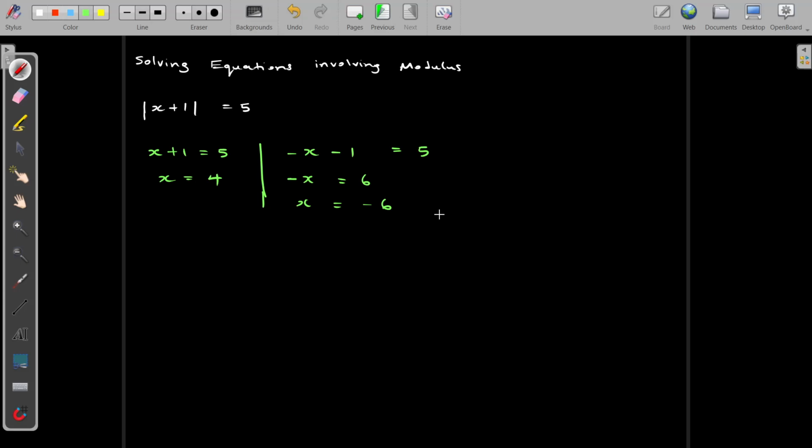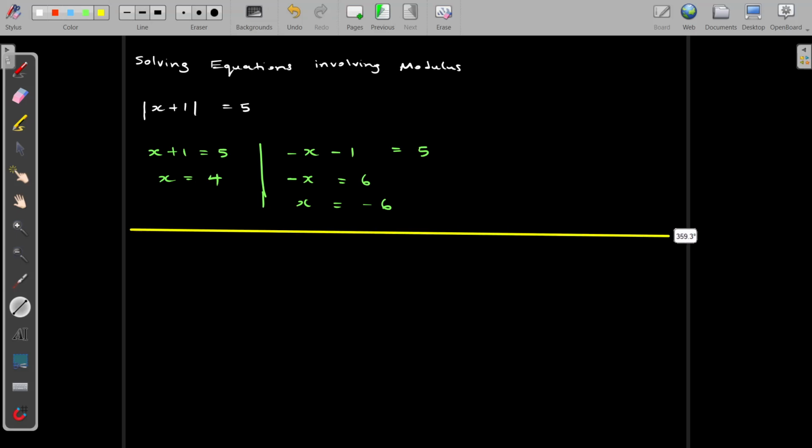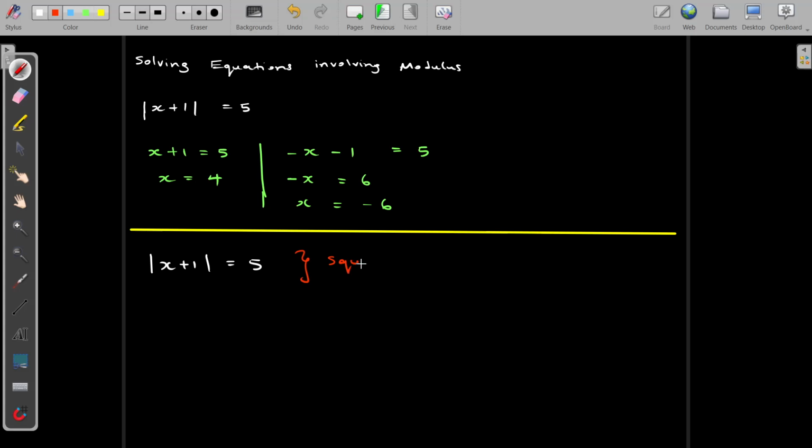Another way, which is the way that is commonly recommended, is that we square both sides. This is the way that is recommended to avoid any mistakes, to know what to change to negative, what to change to positive, and so on. So if we have the modulus x plus 1 being equal to 5, we can square both sides.